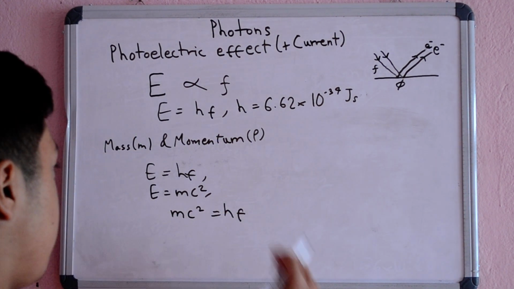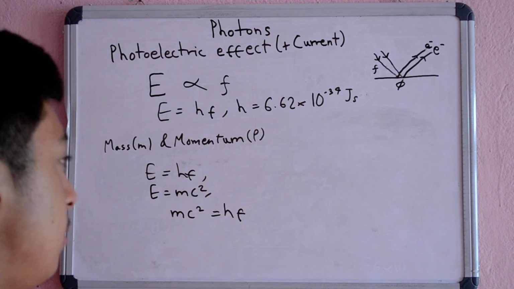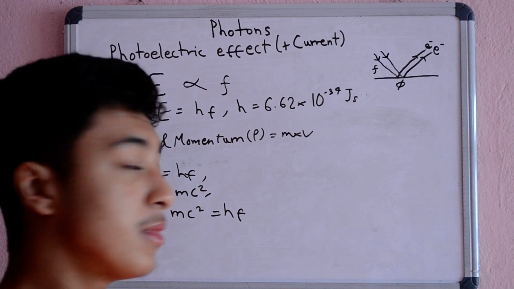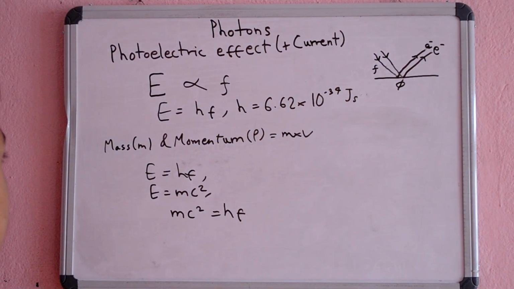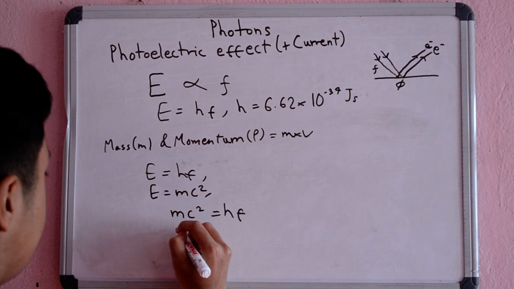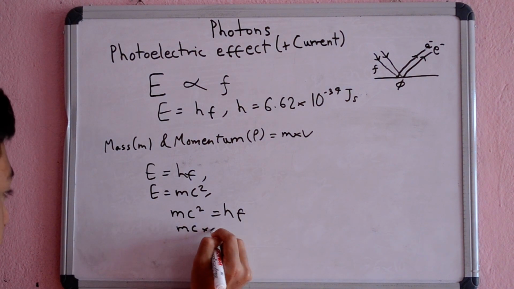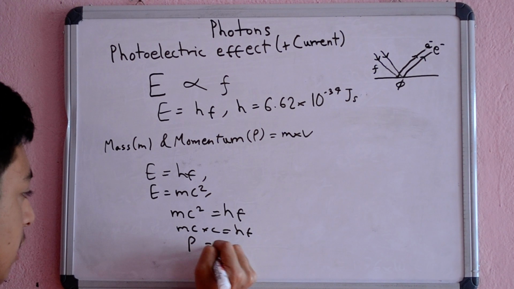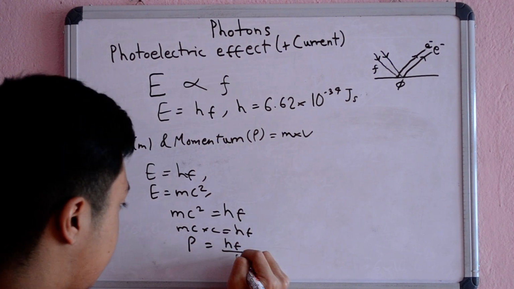Now we have to get momentum, and we know momentum is just mass times velocity. So mc times c equals hf, or momentum equals hf by c.